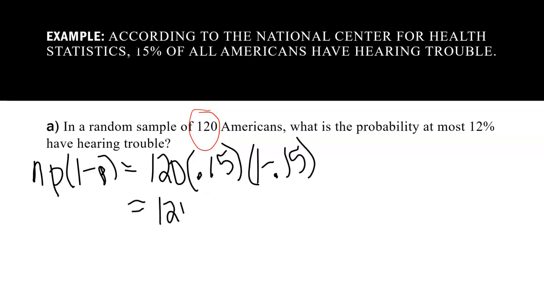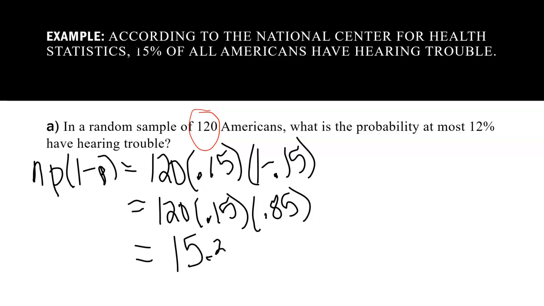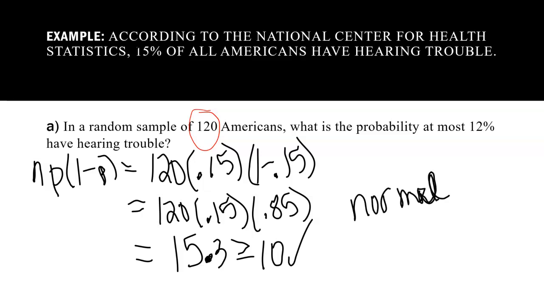So that's going to be 120 times 0.15 times 0.85. If you multiply all of that out, that ends up being 15.3. Then remember the number that we check that up against is 10, and that is greater than or equal to 10. So since that checks out, we can say that this is a normal distribution.